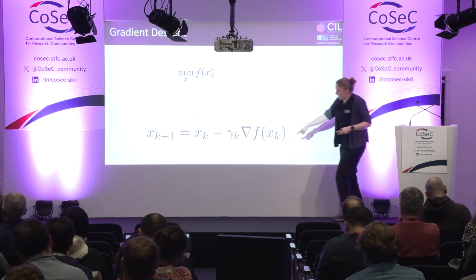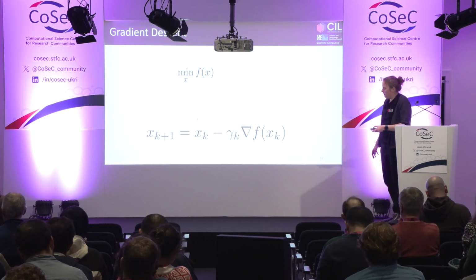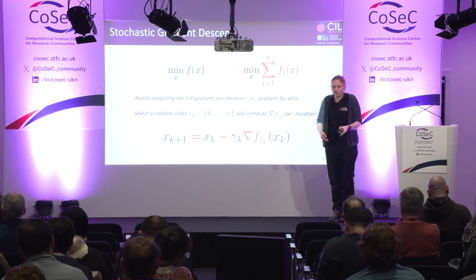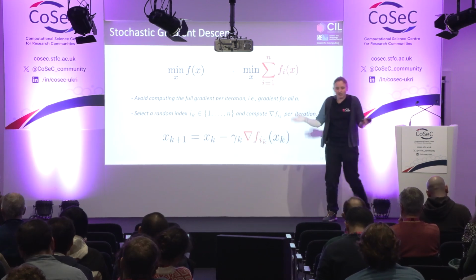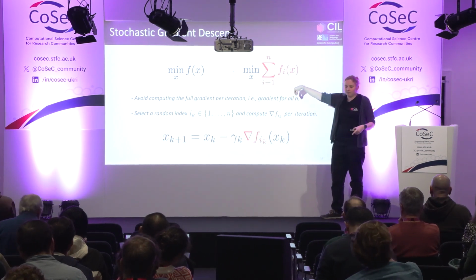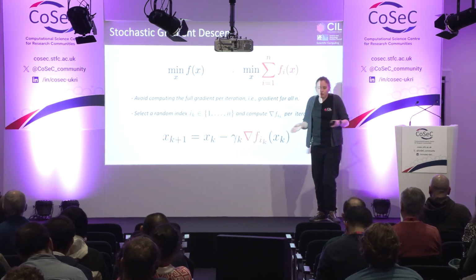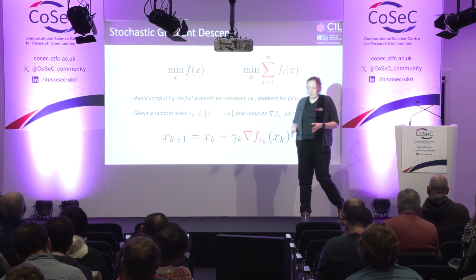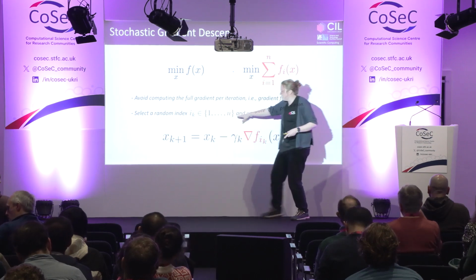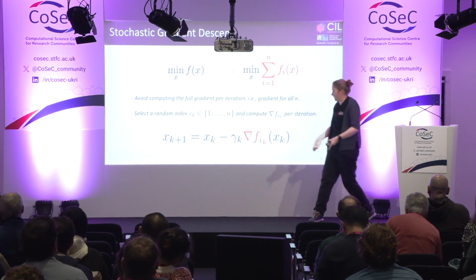But sometimes calculating this gradient of f is expensive, especially if there's lots of data involved, or the data is very large. And so what stochastic gradient descent does, you might have heard of it in a machine learning context, but it's wider than that, is that you split this f into multiple fi's, so this sum of fi's, and instead of each time you take a step, you look round and choose the steepest descent direction for all of f, you instead just choose a random index ik of all of your indices and compute the gradient in just that function.